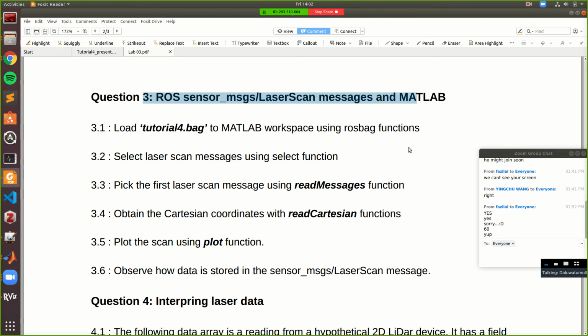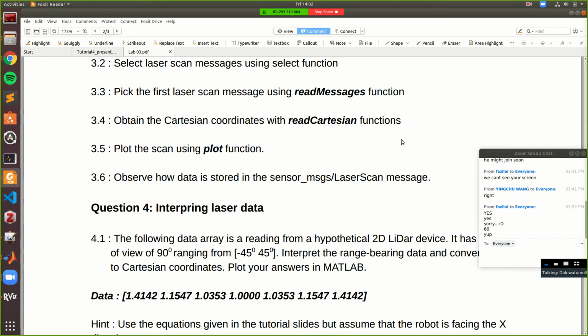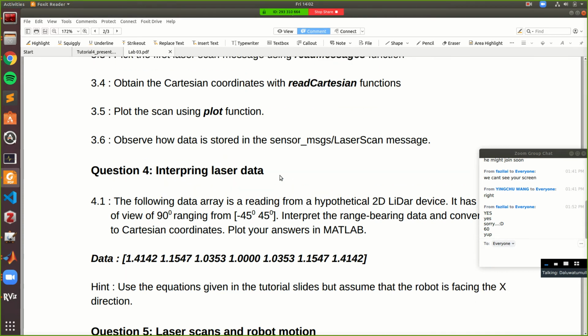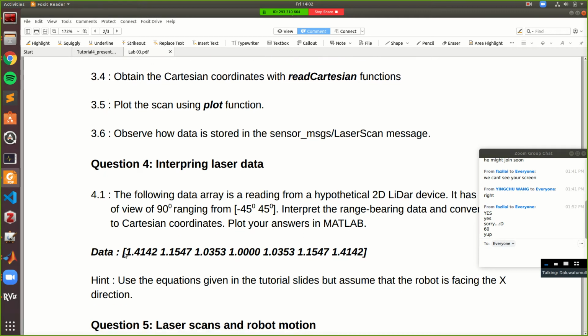So question number 4. Can you guys try question number 4 from the explanation I just gave you? So for question number 4, you have to use the data that is given here, right? Not the ROSBAG, right? So imagine there's a hypothetical set of data given in a laser, right? So imagine this is the ranges in the laser, right?